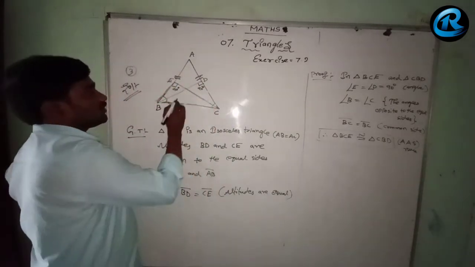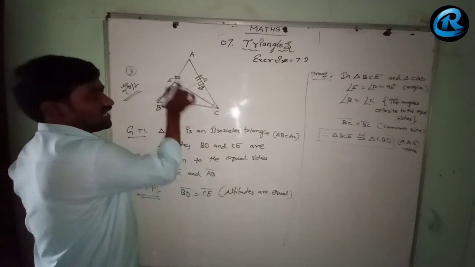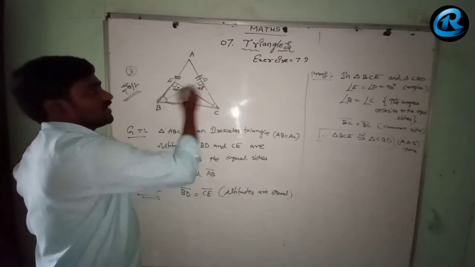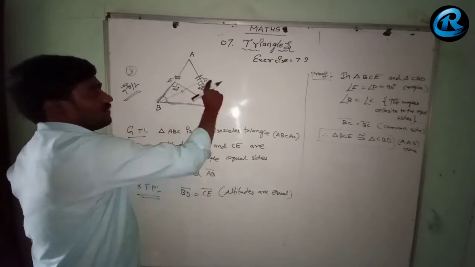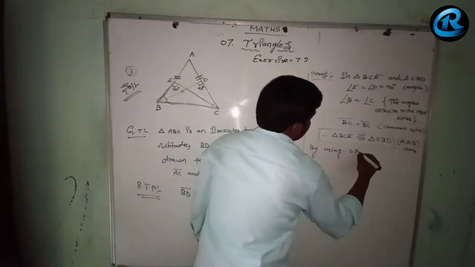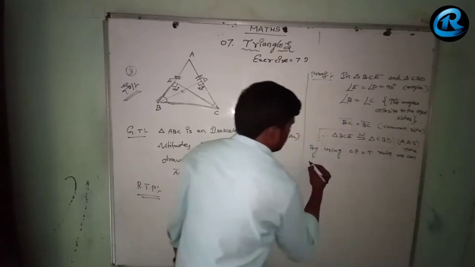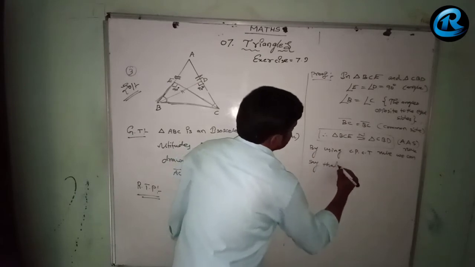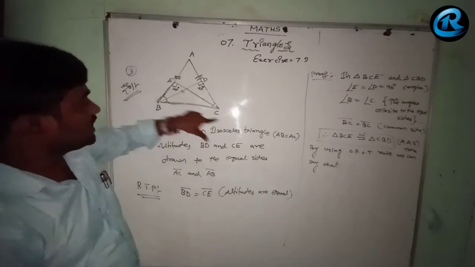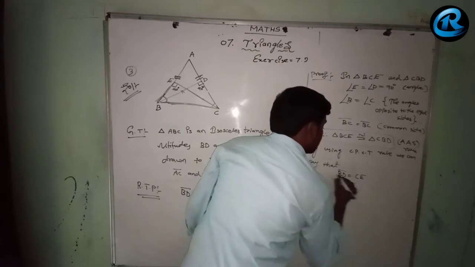Now, by using the CPCT rule, CE in BCE and BD in CBD are equal. By using CPCT rule, BD is equal to CE.